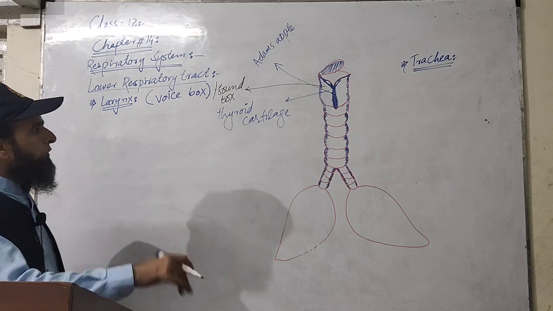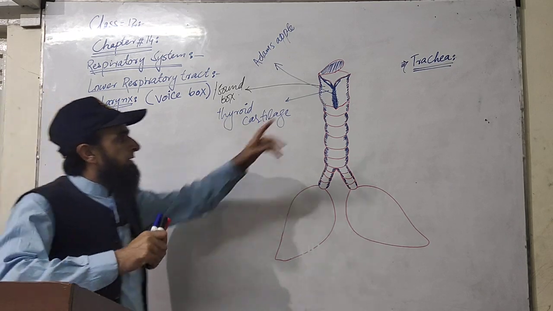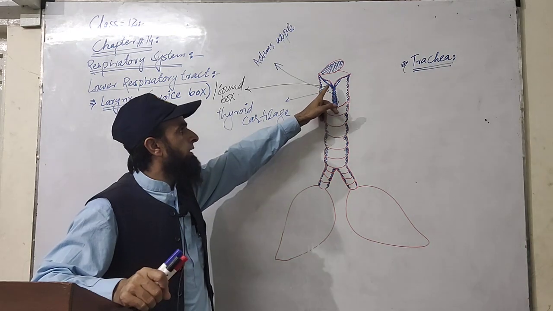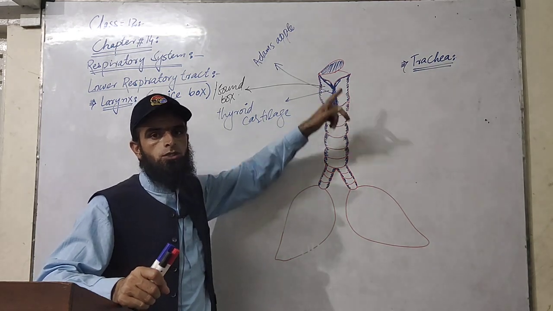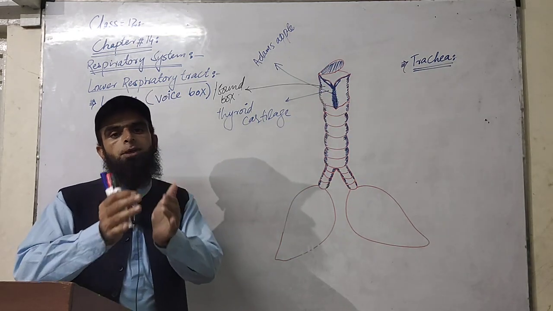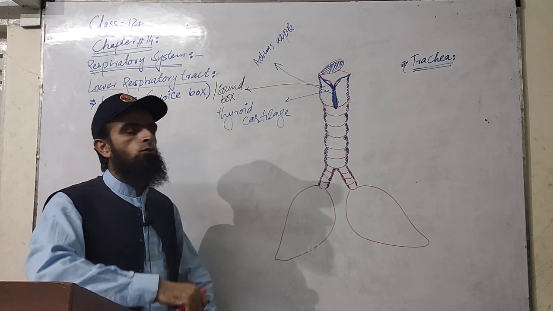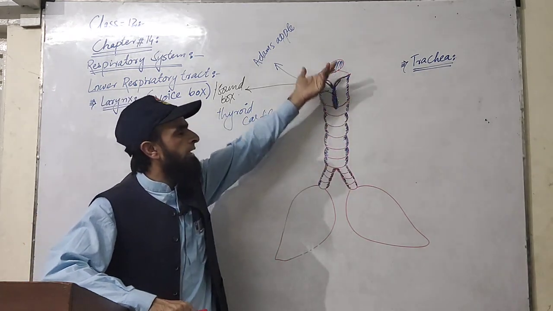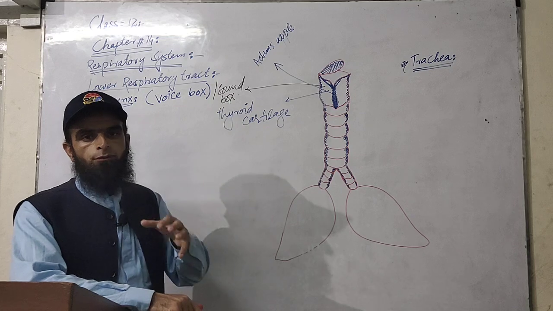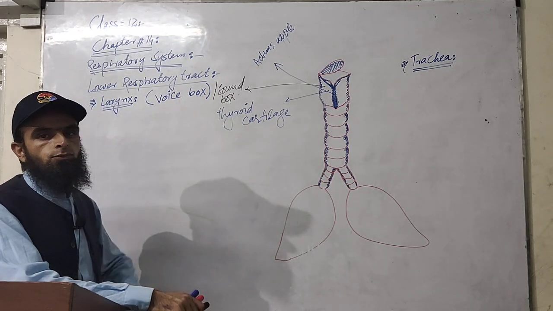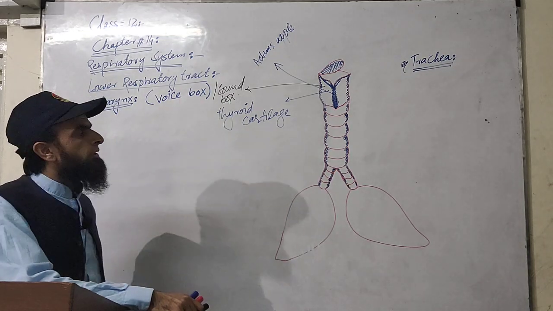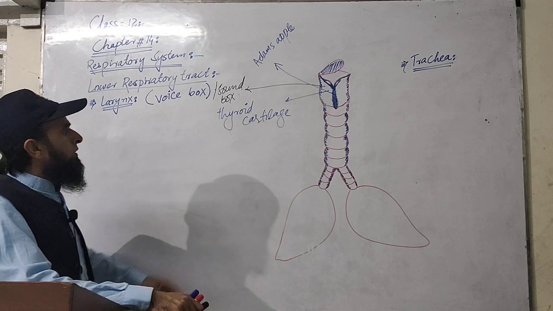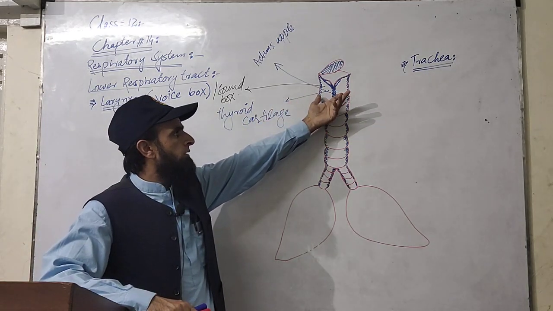This cartilaginous or bony structure of the larynx prevents it from collapsing, keeps the opening open, and keeps the transfer of air in and out continuous. So this is the function of the cartilaginous structure.